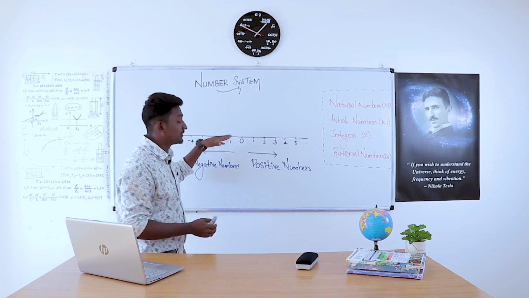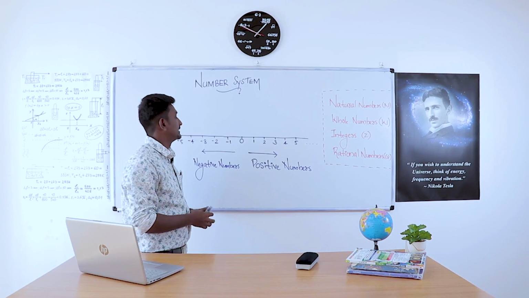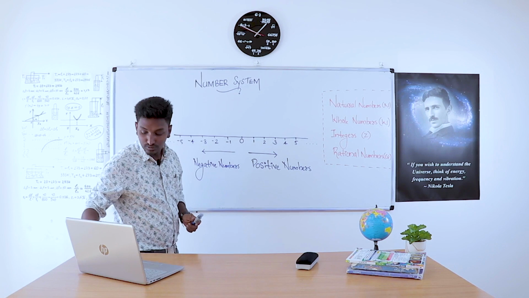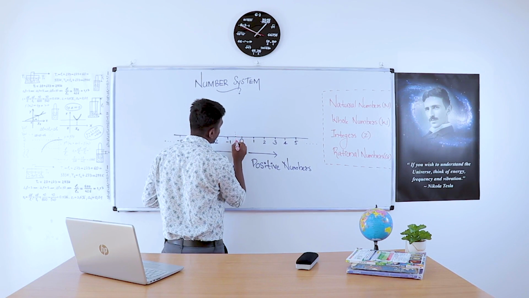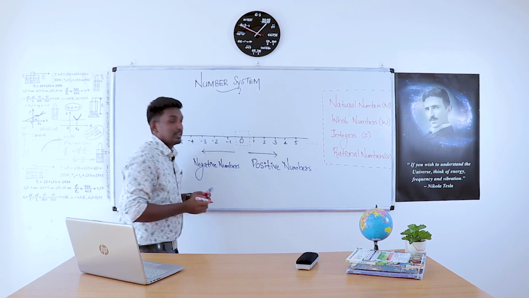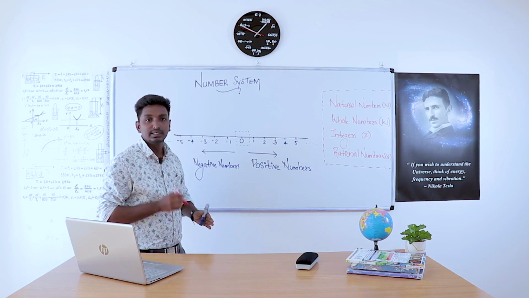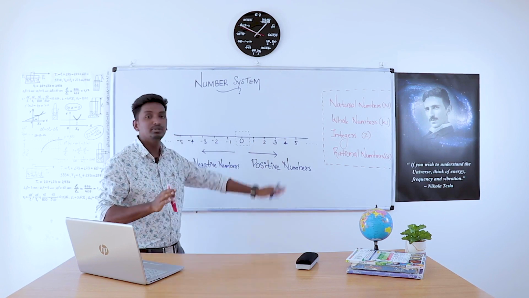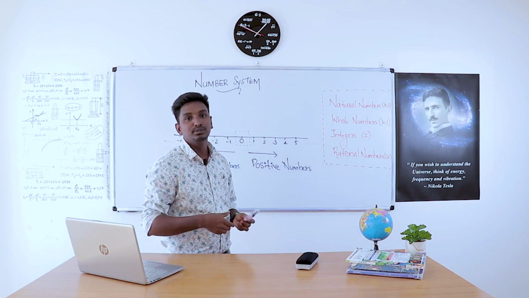Now let us look at how we can define this classification of numbers from this number line. Now 0 is the center of the number line. When I am walking towards the right of the 0, just think you are carrying a bag with you.